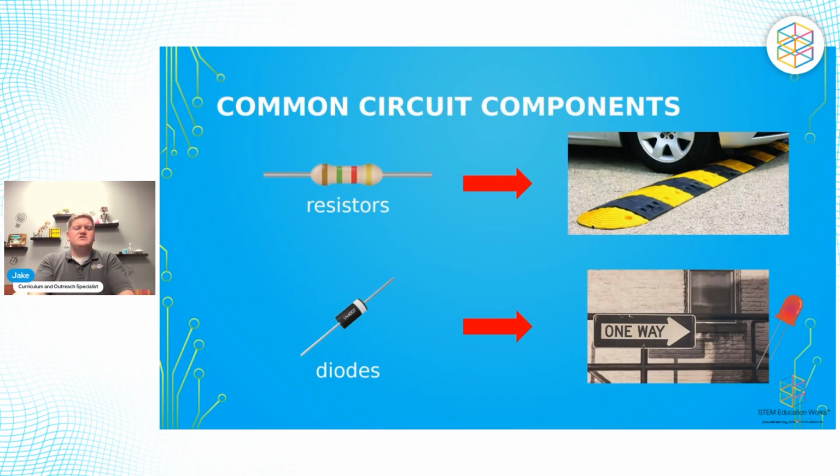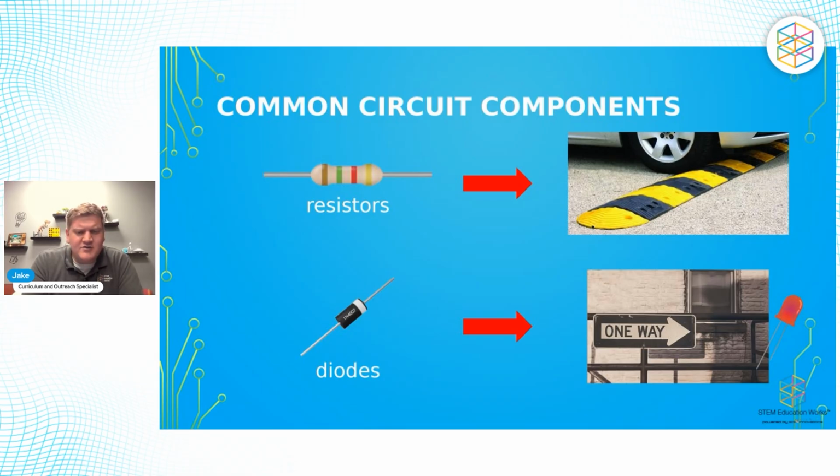So when it comes to common circuit components, probably the most common basic thing that you could put into a circuit is a resistor. And as you can see here on the image, it's a little cylindrical object. Sometimes it's kind of rounded, so it has a hot dog shape. And it has those colored lines on it to tell you what the resistance of that resistor should be.